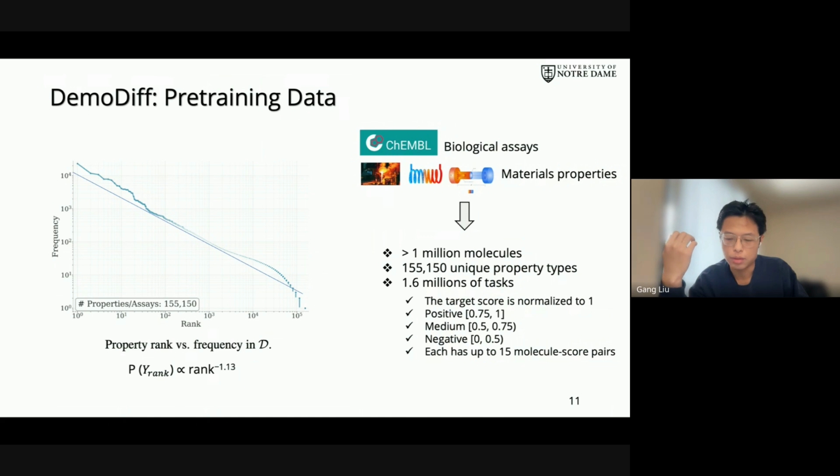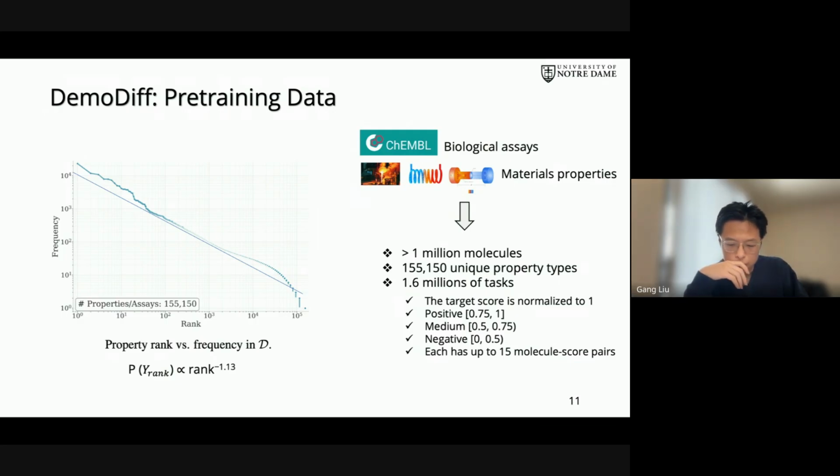These properties include things like melting temperature, glass transition temperature, and thermal conductivity. In summary, we get around 1 million molecules, and there are more than 155,000 unique property types, and in total we have around 1.6 million tasks.